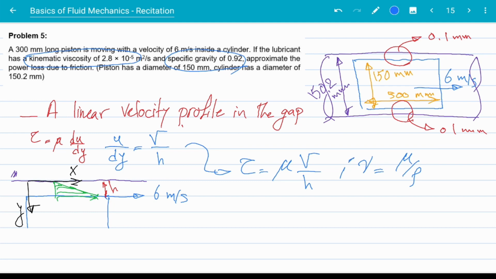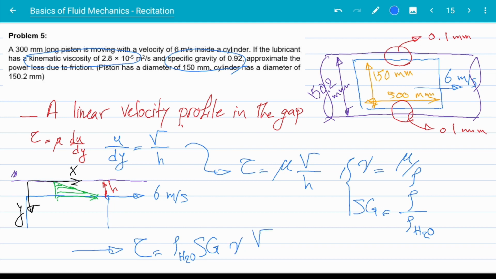Now, specific gravity, shown with Sg, is the ratio of the density of the fluid that we are interested in to the density of water. So, combining everything that I have here, I can say tau is density of water times specific gravity times kinematic viscosity times the velocity of the piston over the gap.